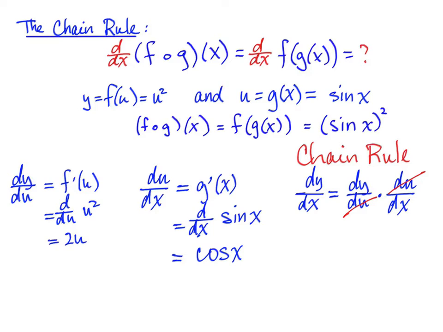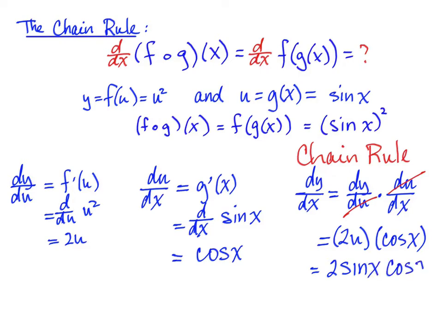So in this example, we said dy du was 2u, and we're multiplying by du dx, which was cosine of x. Now, we want dy dx to be a function of x, not u and x, but all we have to do is substitute. U, we said, was the sine function. So we're going to go back to x's by resubstituting sine of x instead of u, because that's how we defined u.